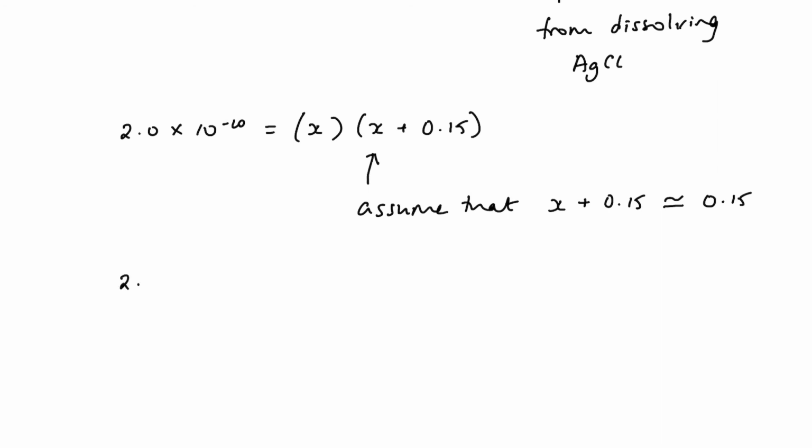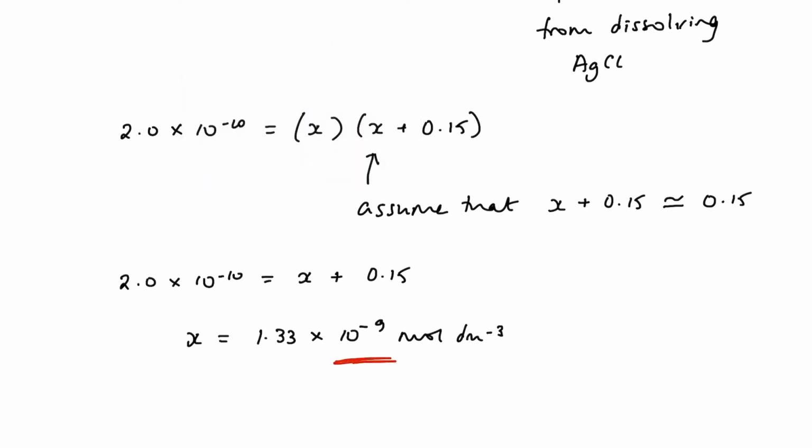Now, 2.0 times 10 to the minus 10 is equal to x times 0.15. So x, the solubility of silver chloride in my solution of sodium chloride, comes out to be 1.33 times 10 to the minus 9 mole per decimeter cubed. Now I just want to take a minute to have a look at this.